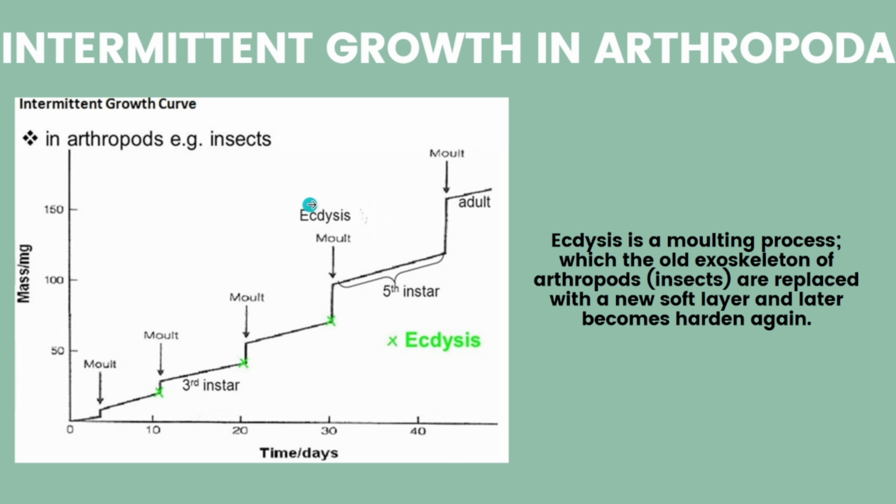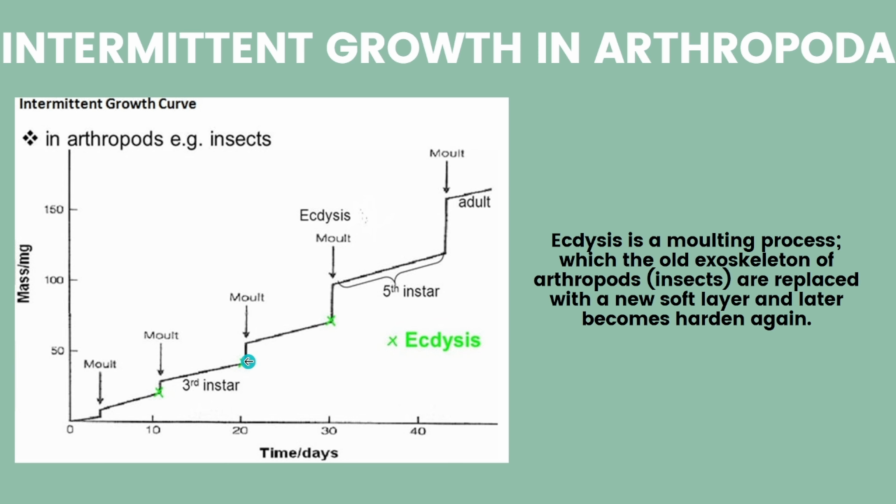So when the animal grows large enough that it completely fills its hard exoskeleton, it must lose that skeleton by molting. So they have the hard exoskeleton, but they can still increase. The body still increases, so you can see here, it goes very slowly.